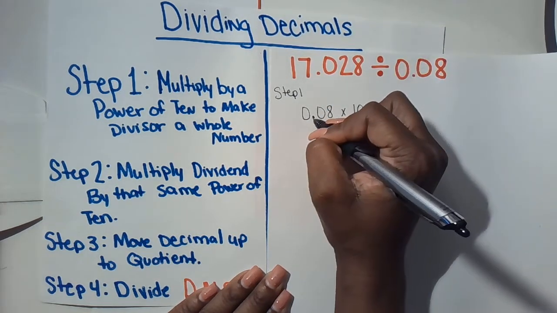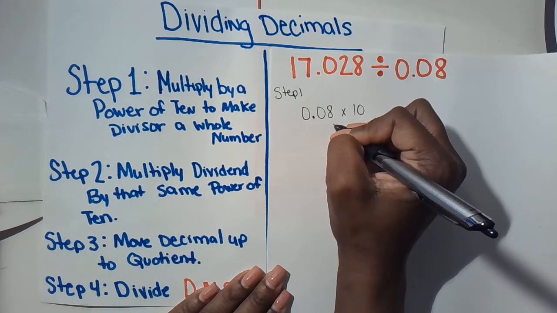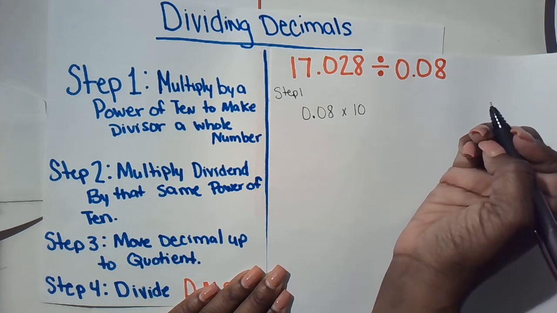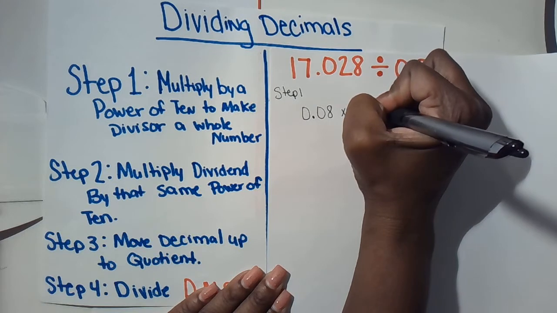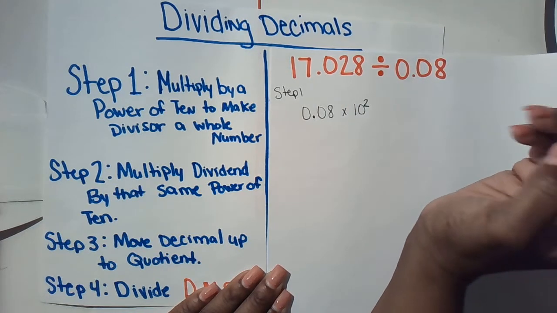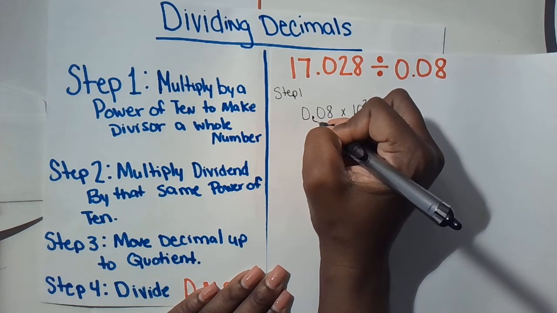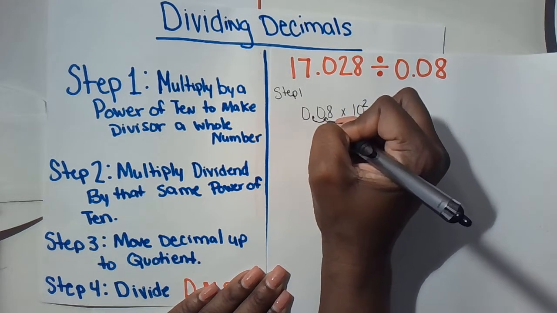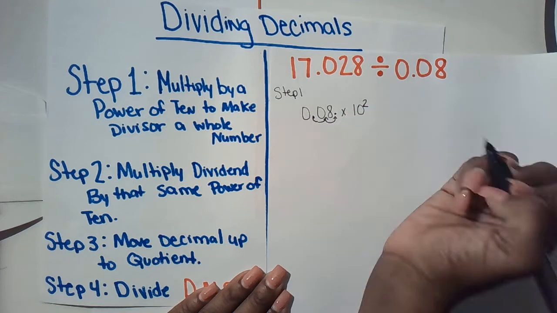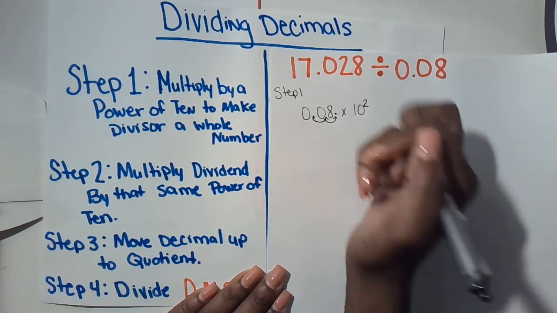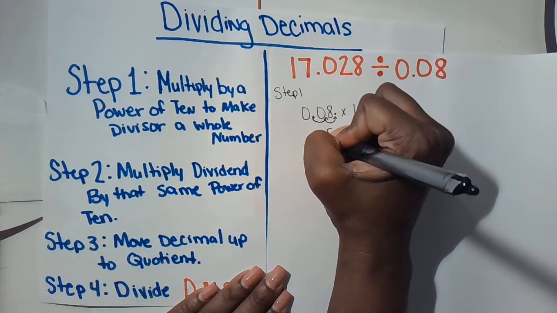But how many times would I need to move this decimal point to the right in order to make it a whole number? Well, I would need to multiply it by 10 to the second power, which means that I can move my decimal point over 1, 2 places. And if my decimal point is behind the number, this is the number 8.